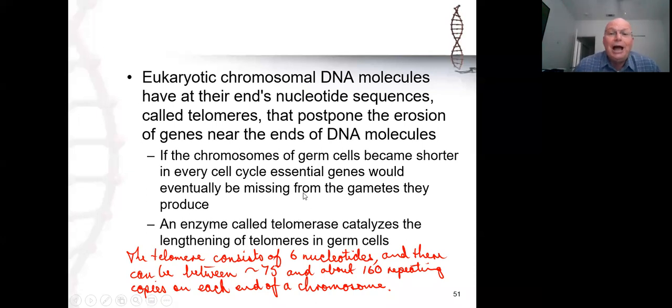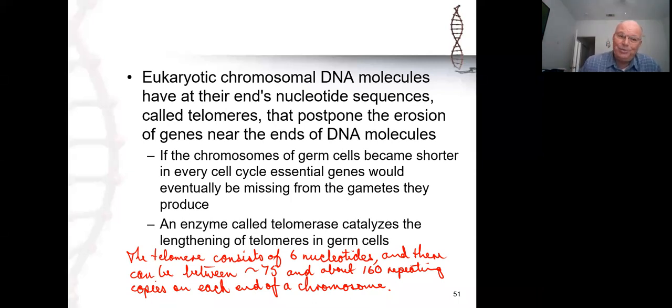But this is, again, another one of those systems that seems to represent a limit on human lifespan. And this, by the way, is a genetically inherited trait. The length of your telomerase regions on the ends of chromosomes is in fact an inherited trait. So if you have a family history of longevity, it's quite possible that your family has an inheritable long telomere region, or at least that has something to do with your longevity.